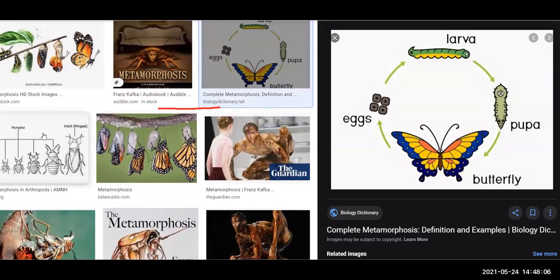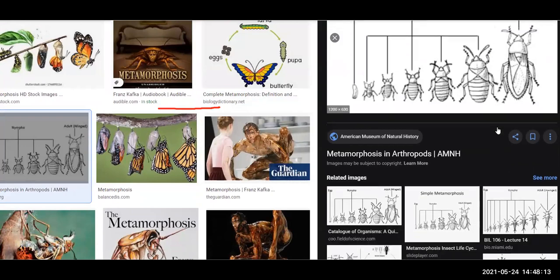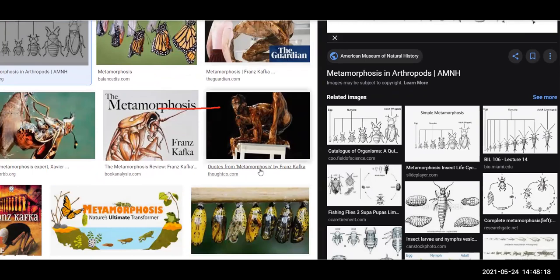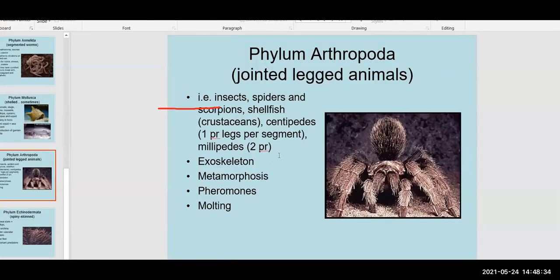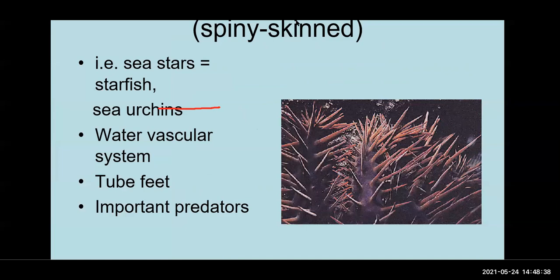We have the frogs. We have also from the insects, from the eggs, nymphs, and then to an adult. So these are called metamorphosis, right? So they have the transformation from the immature form, larvae, into an adult, right? So those are examples.